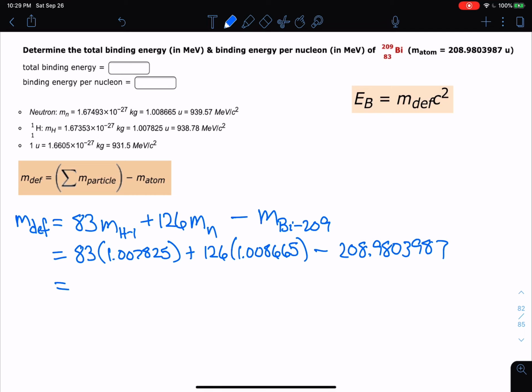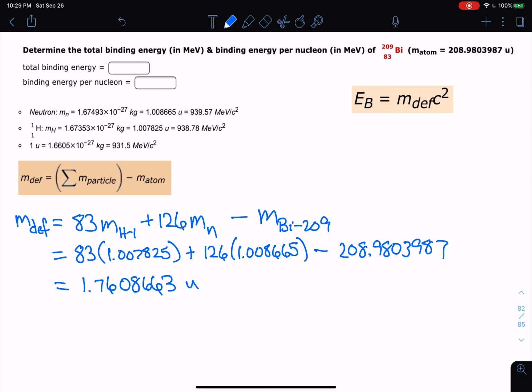Plugging this into my calculator, 83 times 1.007825 plus 126 times 1.008665 minus 208.9803987, I get 1.7608663 atomic mass units.